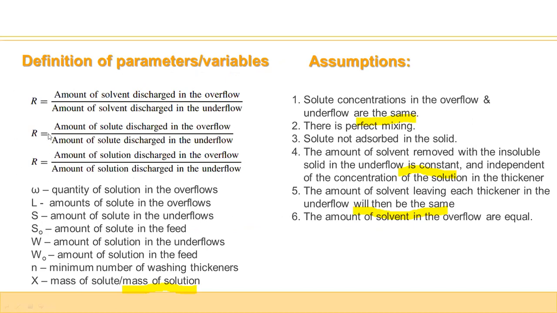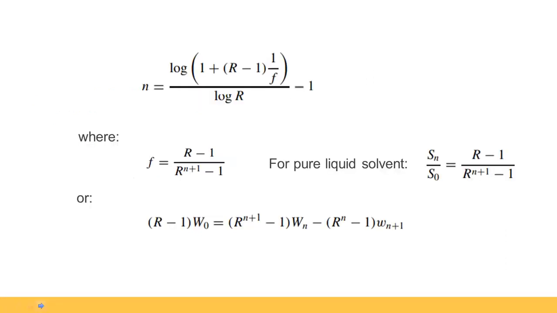So a problem will give you right away its value, or you need to solve it based on whichever of these three is given to you, which will make it possible for you to determine the R. So you just substitute the R there, but you still need to determine the F, which is in turn also dependent on the R. So your F is this.